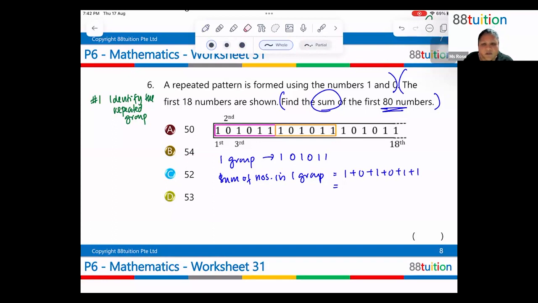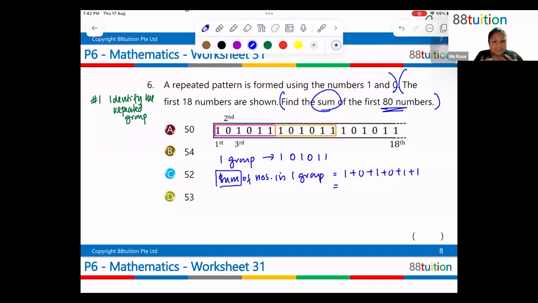Sum of numbers, how did you all get 6? 1, 2, 3, 4. How do you get the sum? I'm finding the sum. No, they didn't ask how many numbers are there in each group.